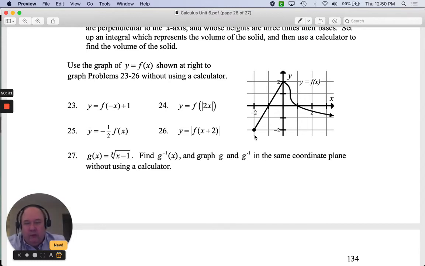The x-coordinate stays the same, but the y-coordinate you divide by -2. So that becomes +1. Use this point up here, 2, 0. Same thing. The x stays the same, and the y will stay the same, because 0 divided by -2 is still 0.